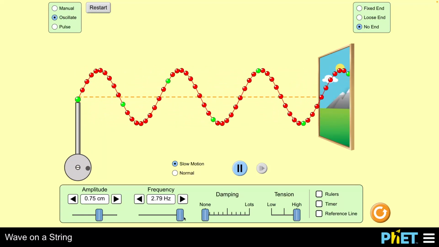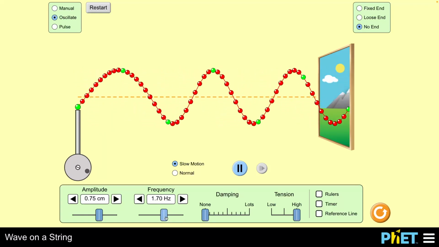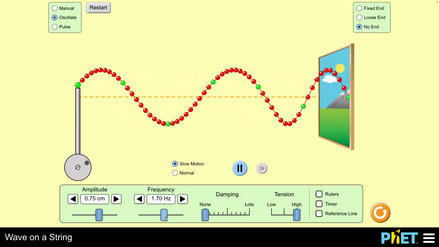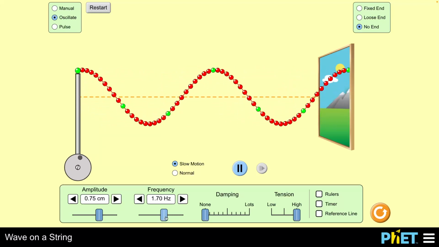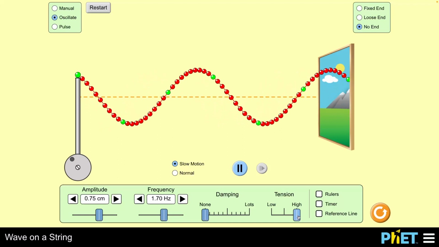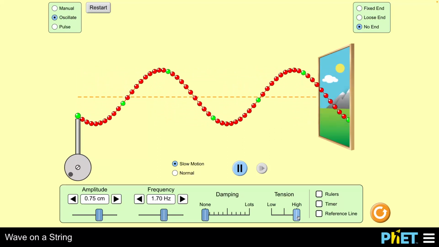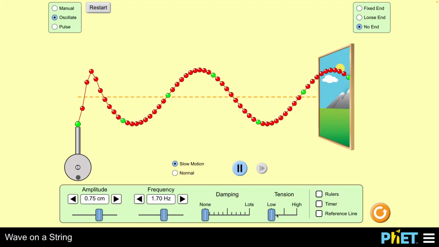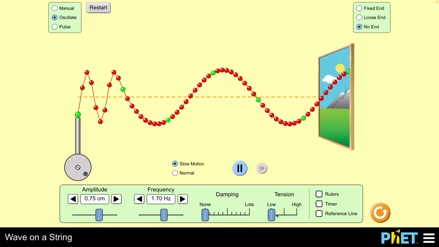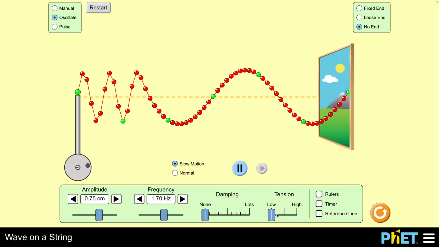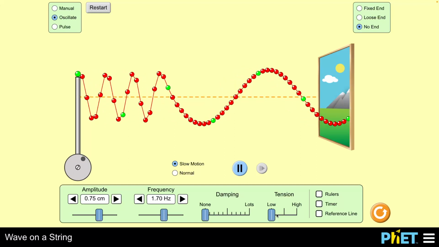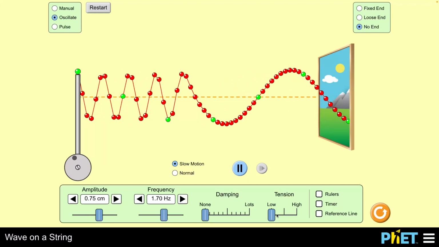Let me get this frequency back down a little bit. Okay. I got to give it a full 5 seconds for it to sort itself out. Okay. Now I am going to change the properties of the medium. I'm going to change the tension in this string. Okay. And I'm going to drop it down. Okay. The simulation does break a little bit because it changed the speed of that, right? It's cheating a little bit.